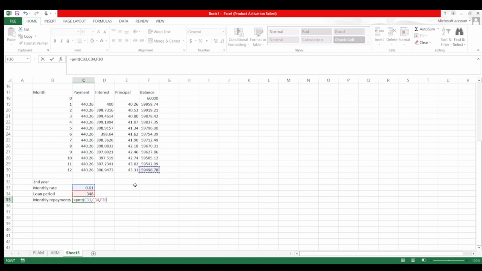That's the opening balance on the 13th month. So we find our monthly repayments will have now increased to 614.24. With that, we create another amortization table.